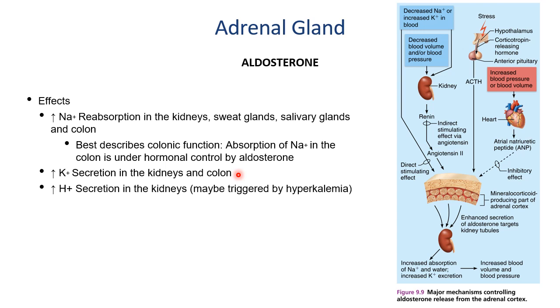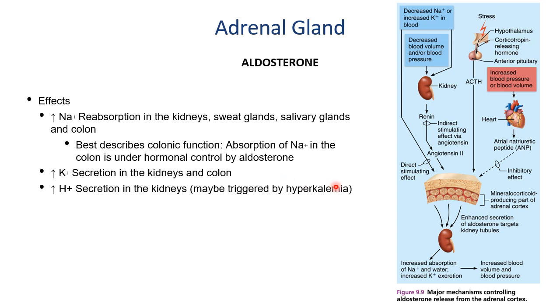Another effect of aldosterone would be to increase potassium secretion in the kidneys and the colon. So this is the opposite effect of aldosterone relative to sodium. If aldosterone causes reabsorption of sodium, aldosterone, on the other hand, causes secretion of potassium, so that by the action of aldosterone, the body loses its potassium.